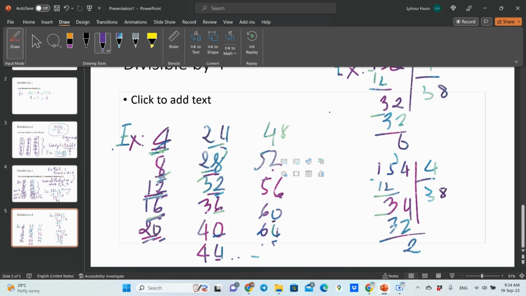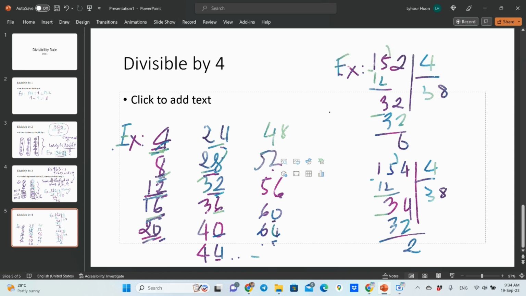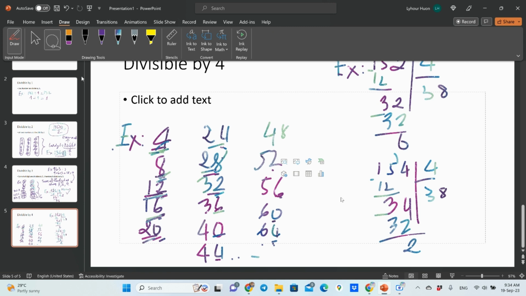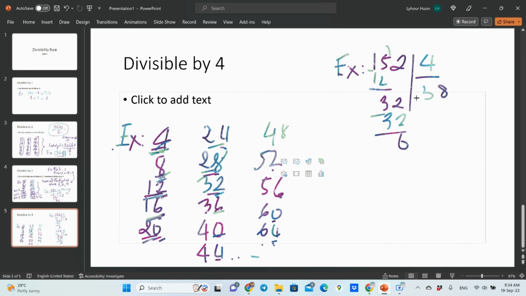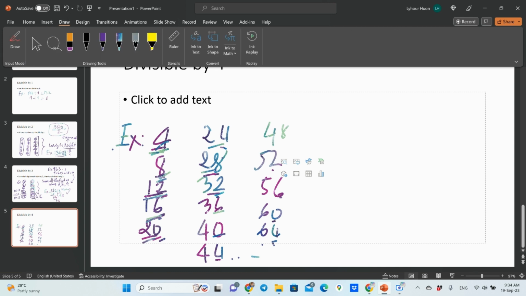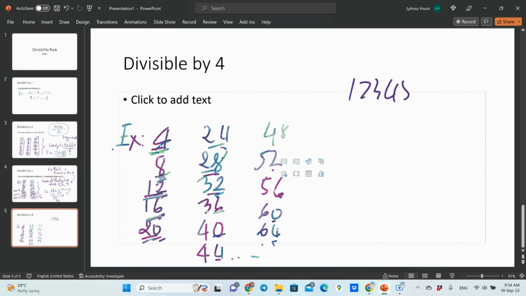Last two digit number, for example, 12. Okay, so we know that 12 is divisible by 4, right?